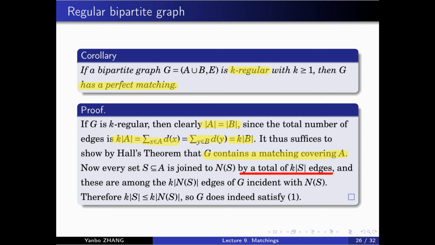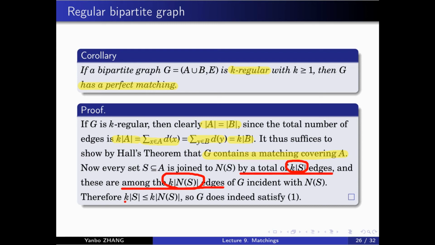And these are among the k times |N(S)| edges incident with N(S).